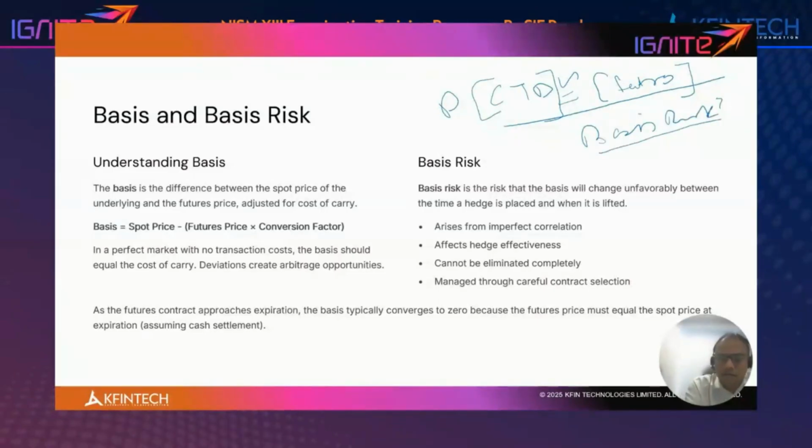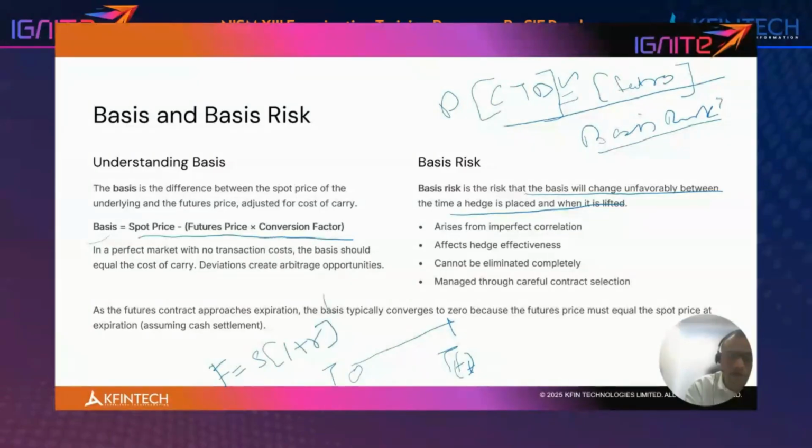So basis risk is the risk that the basis will change unfavorably between the time a hedge is placed and when it is lifted. So at say time 0, I have entered into a futures contract for time T in future. Now basis is the spot price minus futures price times the conversion factor. What is the futures price? Futures price is spot times 1 plus rate that we saw earlier.